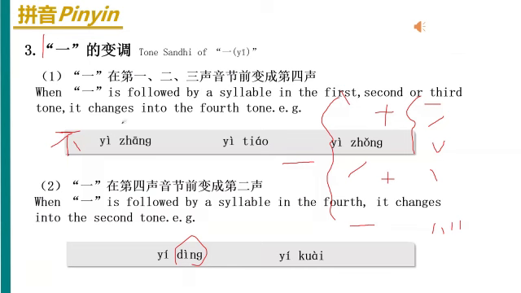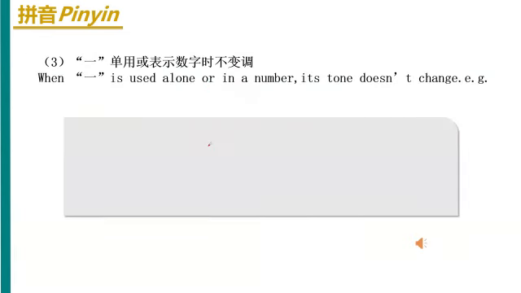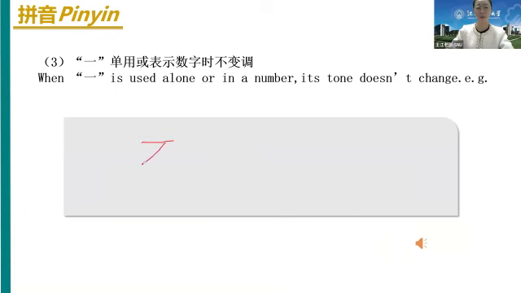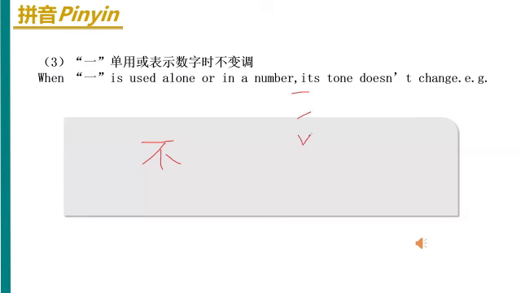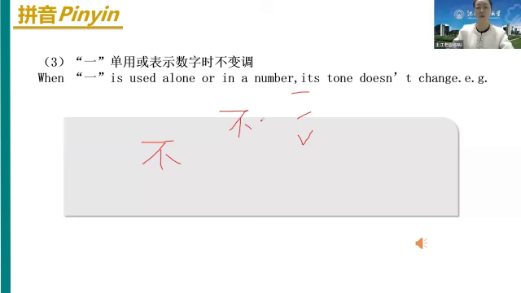Can you tell me what the rule of the tone Sandhi of 不 is? So when it is put before the first, second, or third tone, we should read its original tone, the fourth tone.